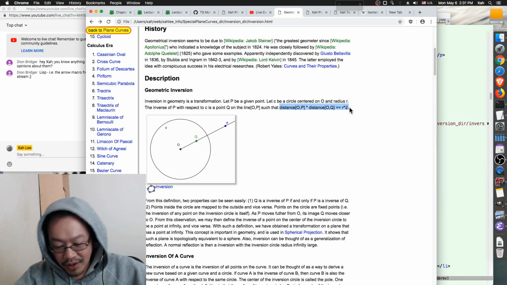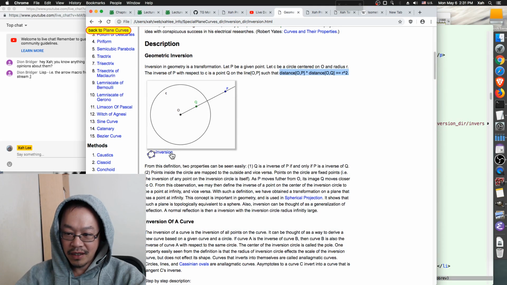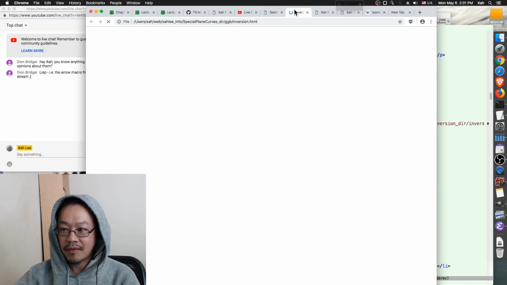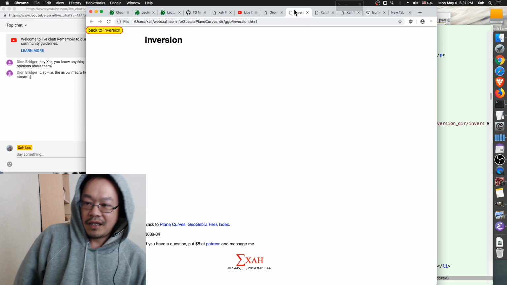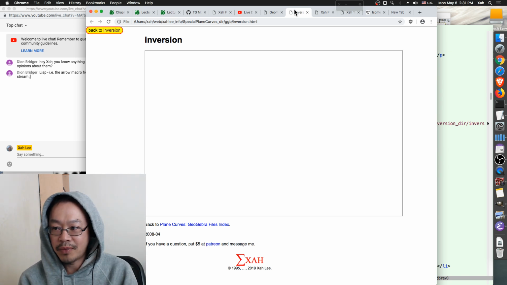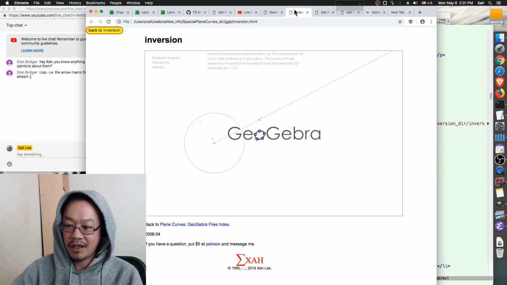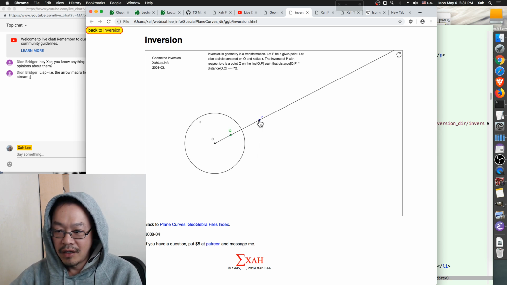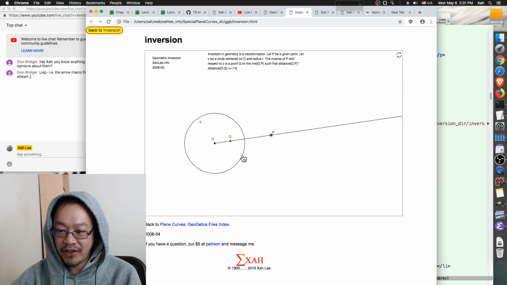Maybe I need to do some interactive examples. So let's do that. Here is an interactive example written using GeoGebra. First of all, we are given a circle, and we are given any point P in the plane.